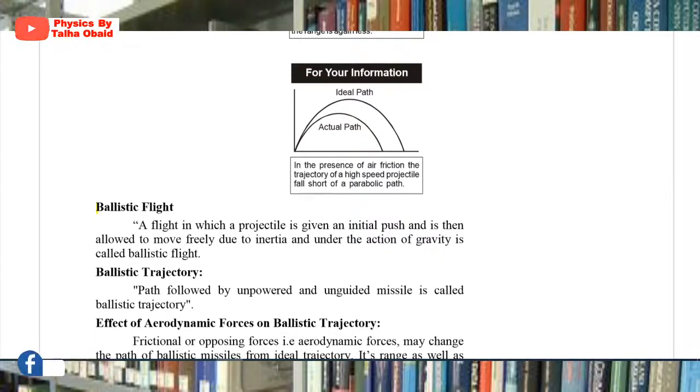So you can define ballistic flight as the flight of a ballistic missile, or we can also define it like this: a flight in which a projectile or missile is given some initial push. Why initial push? Because it is unpowered. It is then allowed to move freely under the action of inertia and force of gravity. Okay, this kind of flight is called ballistic flight.